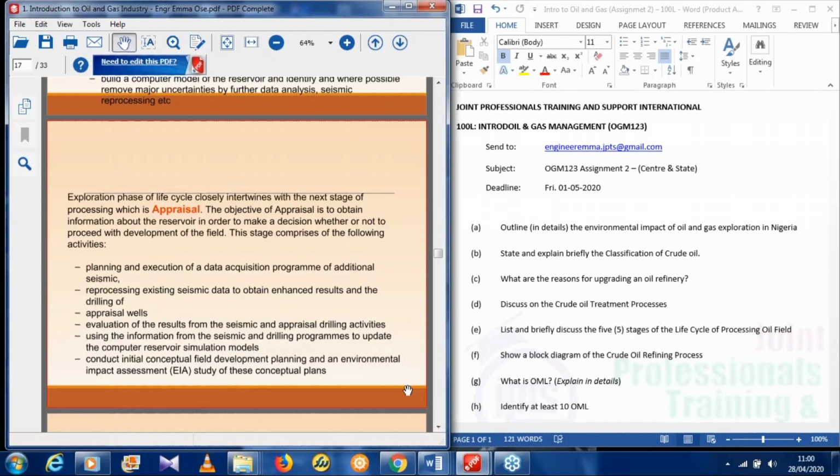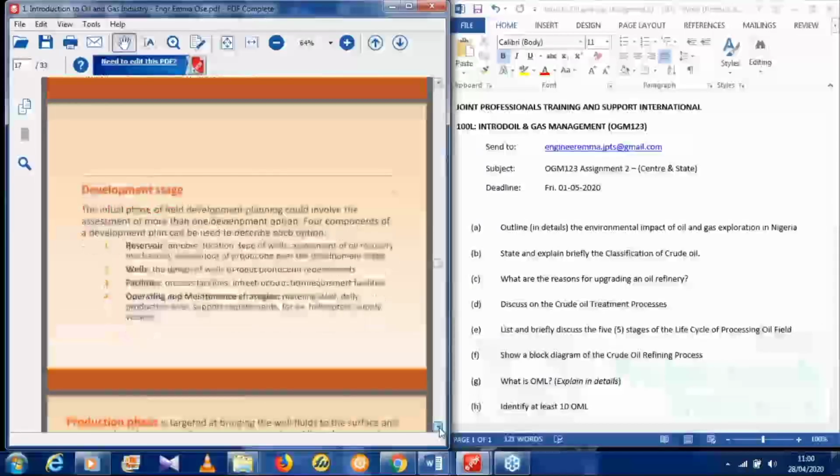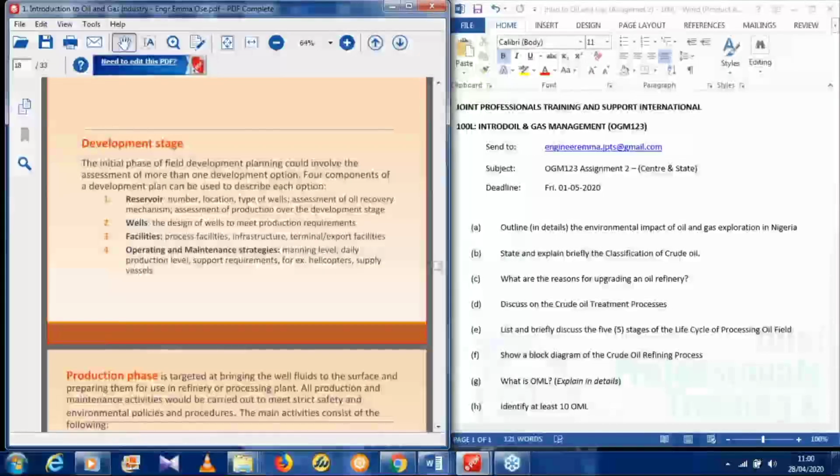The environmental impact assessment helps us understand the impact of the oil field or the oil well on that environment, and what controls can be put in place so we don't have permanent destruction of the environment, and are able to ensure the operation is conducted successfully. The other stages are the development stage and the production stage.